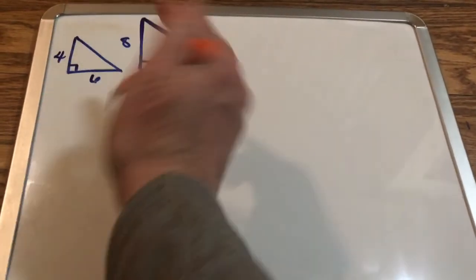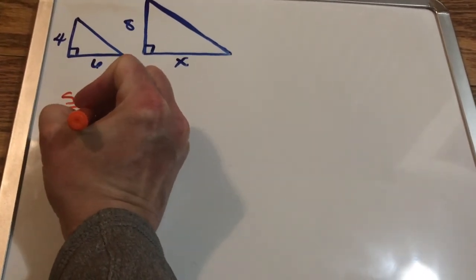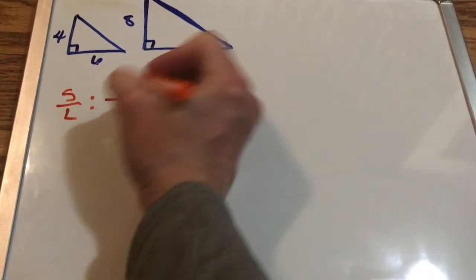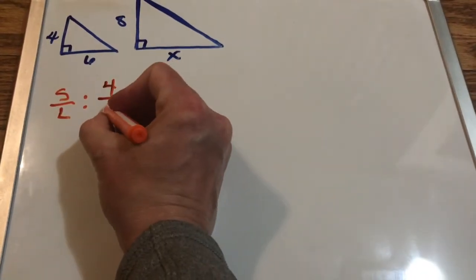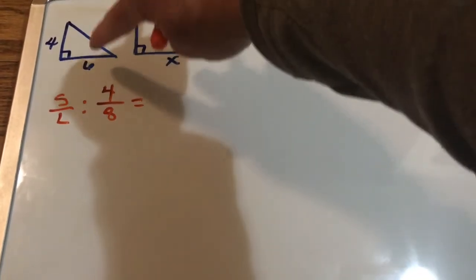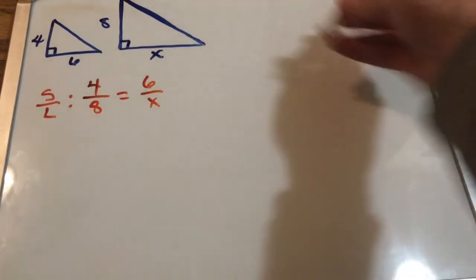So if I go small triangle to large triangle, then the left side of the small triangle is 4 over the left side of the large triangle, which is 8. And I'm going to set that equal to another small over large, so 6 over x.